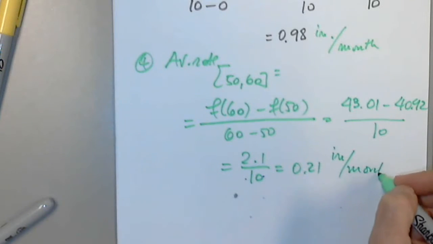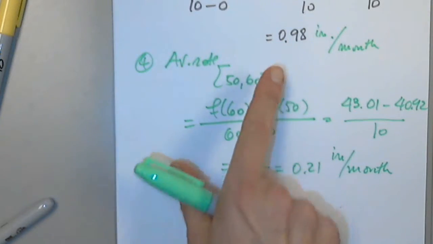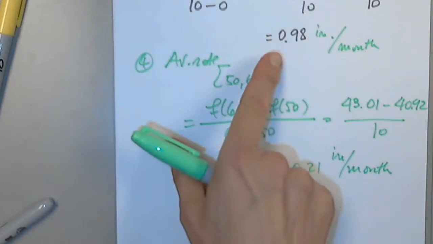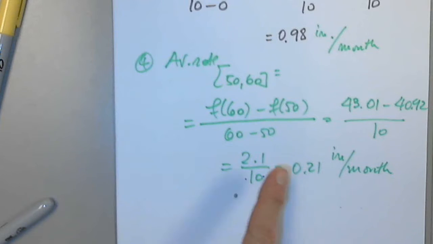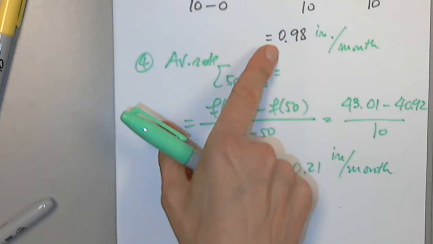Yes? So what do we conclude? That between 50 and 60 months old, they grow at a much lower rate. This is possibly almost 5 times smaller, right? So if you multiply this by 5, you roughly get that.